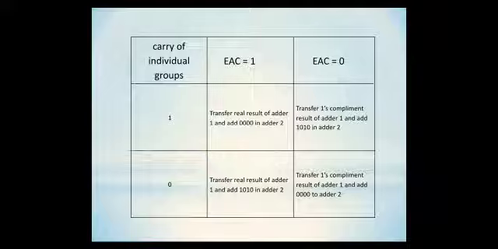And next, if the carry is 0 and EAC is 1, transfer the real result of adder 1 and add 1010 in adder 2, and if EAC is 0, transfer the 1's complement result of adder 1 and add 4 zeros to adder 2.